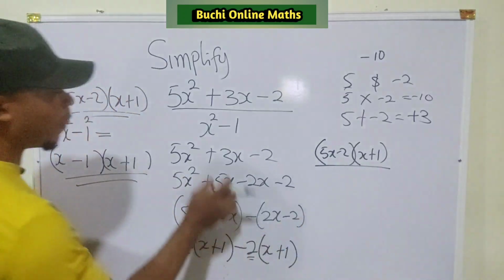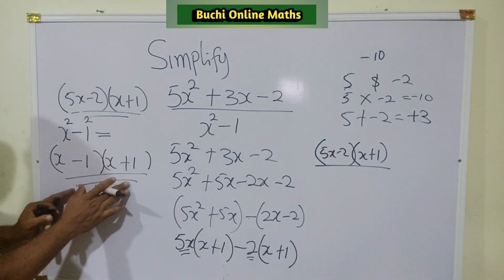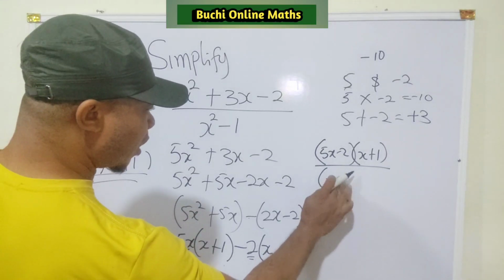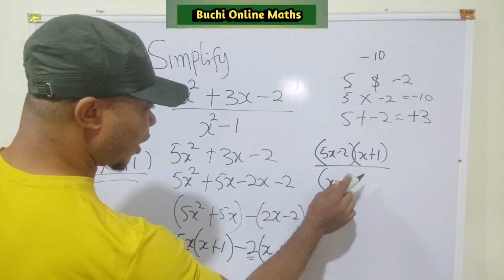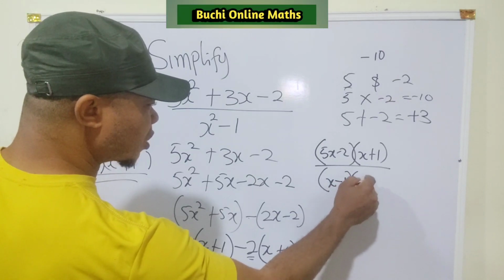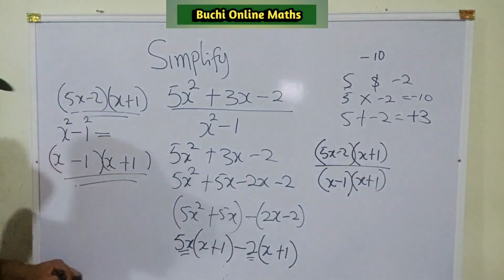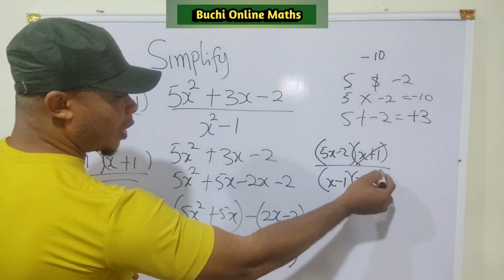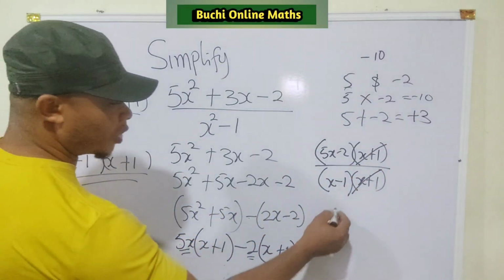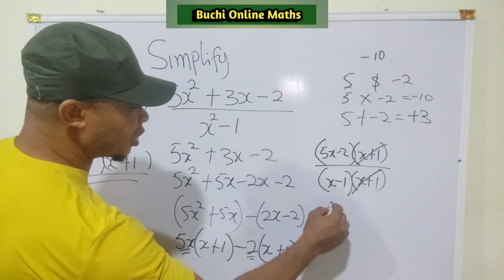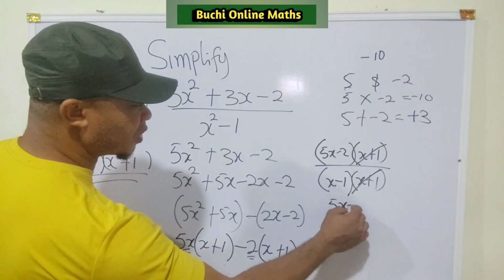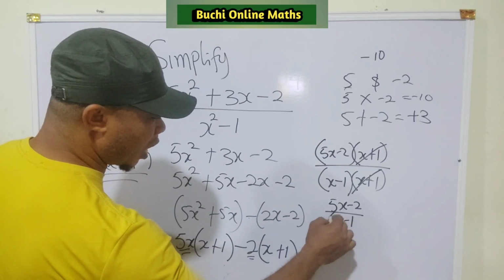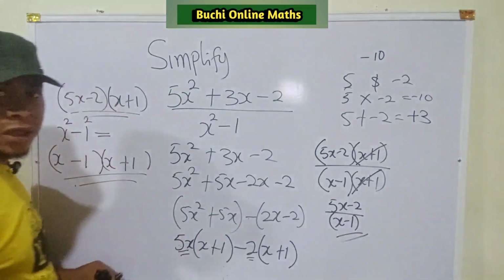Then all over, the perfect square gave us two brackets: x − 1 in the first bracket, then x + 1 in the second. So this is what we have now. Therefore, we eliminate x + 1, and we are left with (5x − 2) over (x − 1), and this is our answer.